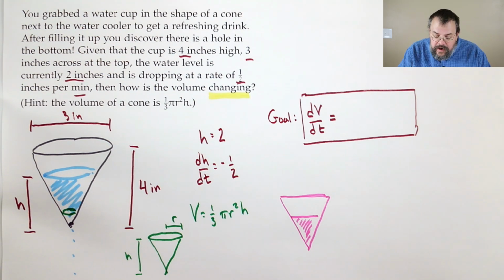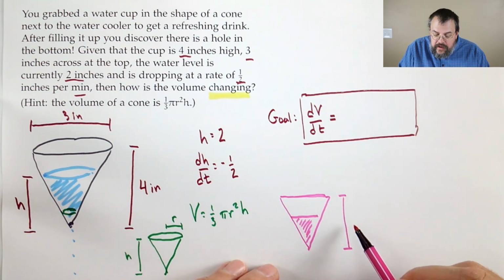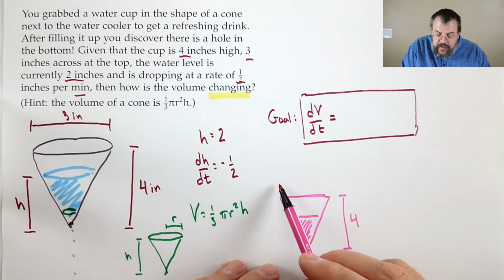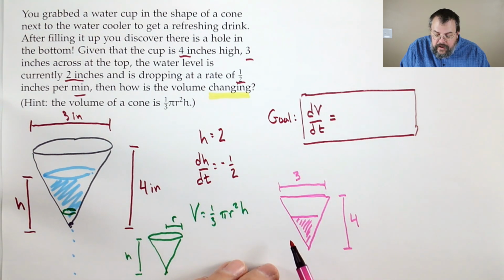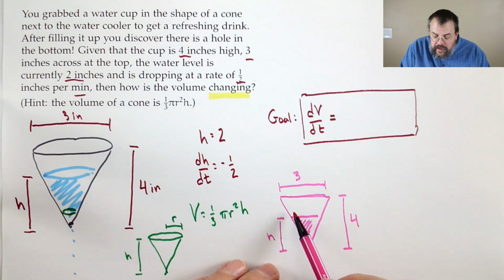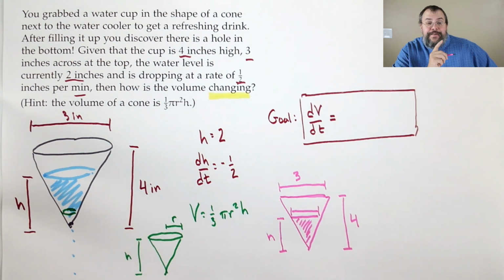Now, let's mark what we know in this diagram. We know this length up and down is 4. This length across is 3. The water level is h. How about this all the way across? Now, this is the important one. What is it?